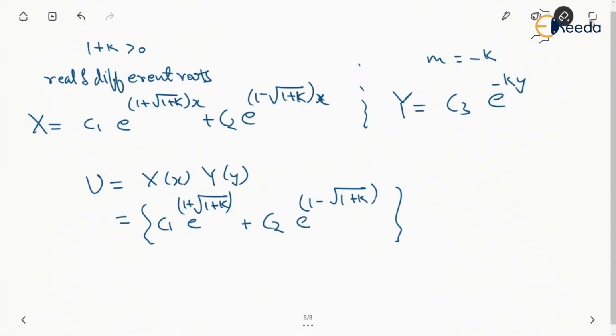These both terms are times of x, and into c3 into e to the power of minus ky. That's it. This will be the solution. In case we have any conditions given, then we can also find the unknowns c1, c2 and c3, right?